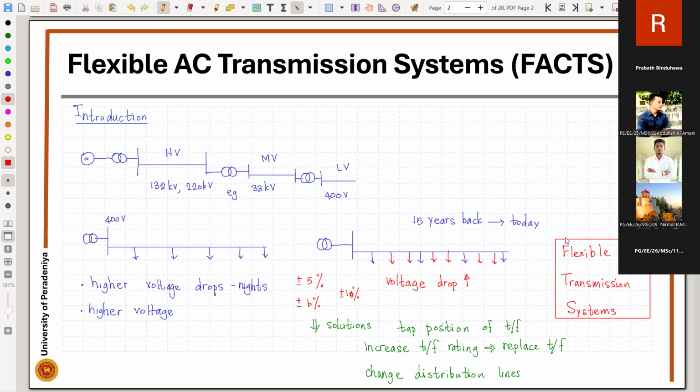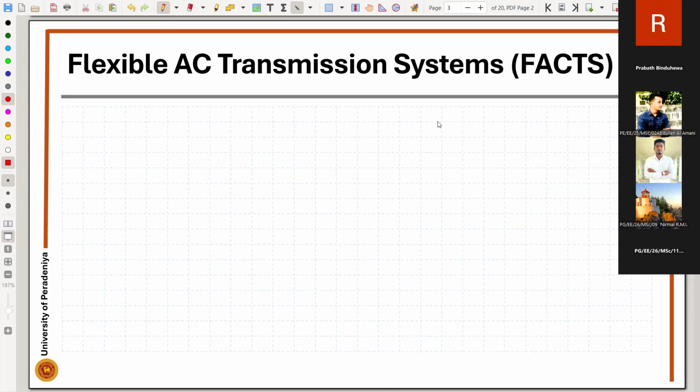And after that we will be discussing the real arrangements, real converters that we use to support these issues. So let's go to the power transfer capability analysis.